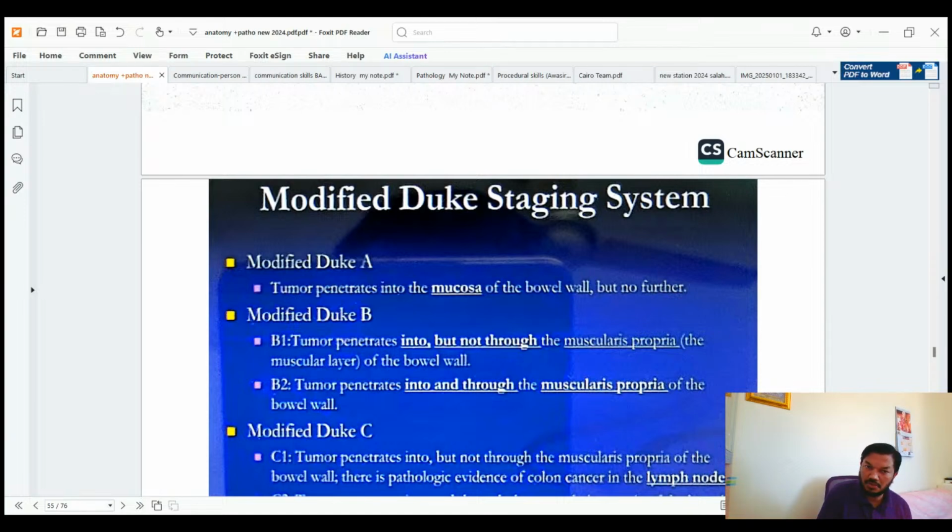Modified Duke B: B1 and B2. B1 tumor penetrates into but not through the muscularis propria.